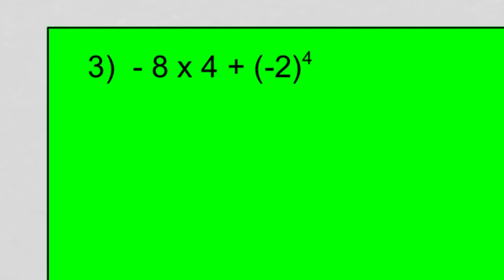-8 times 4 plus -2 to the power of 4. And that -2 is in parentheses. Now, that means that this exponent 4 applies to both the 2 and the negative sign. Times, plus, and the power, we will do the exponent first. You can do it by mental math, but if you can't, do it on some scrap paper, show what it means.